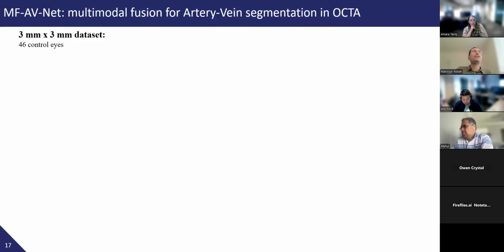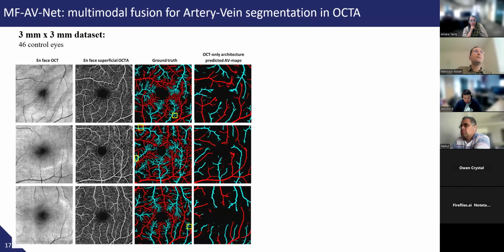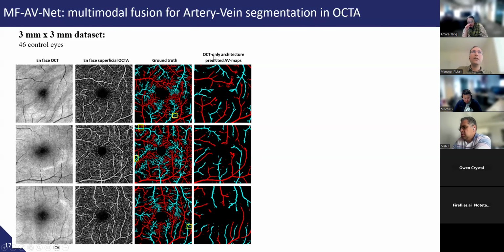We also had a 3 by 3 data set that we used to develop a 3 millimeter model. In this model, we used the same multimodal fusion options, and we saw that the OCT-only architecture can generally depict some of the large vessels, but not very small capillaries.